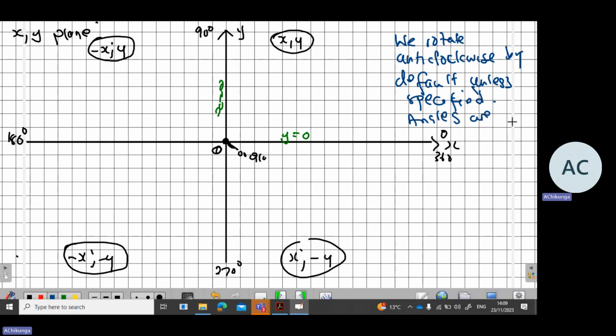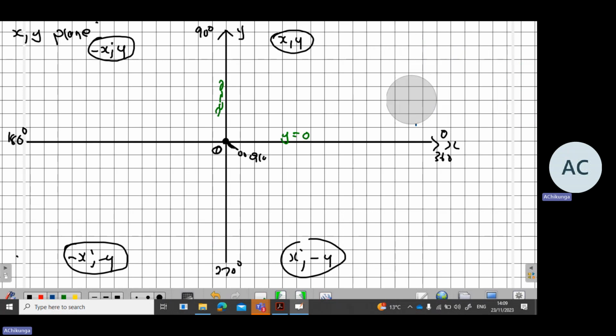Angles are positive anti-clockwise. So as we are rotating, as you have seen here, I am actually saying, maybe I should put a note here, just somewhere here. Note: angles are positive anti-clockwise.